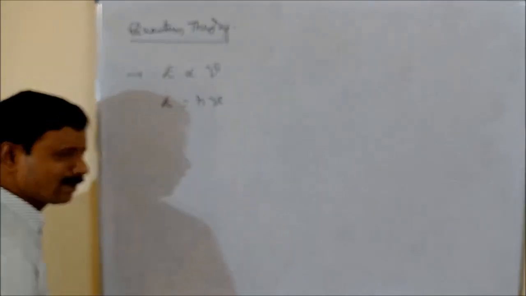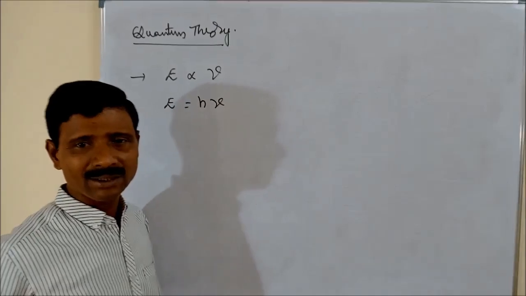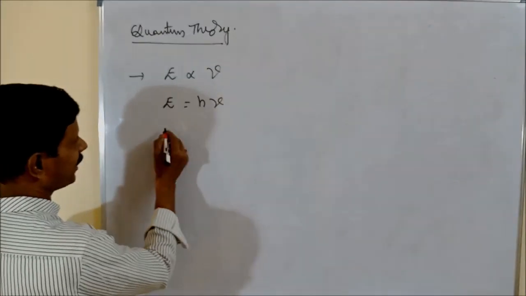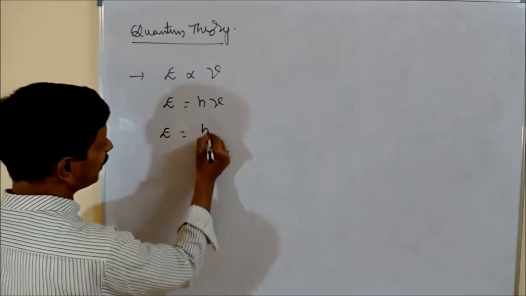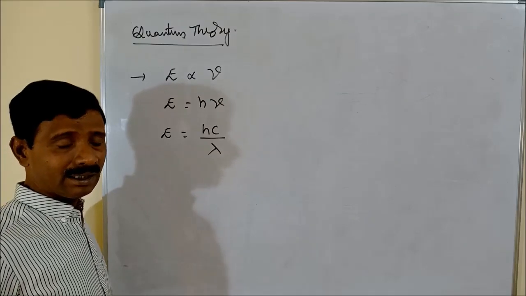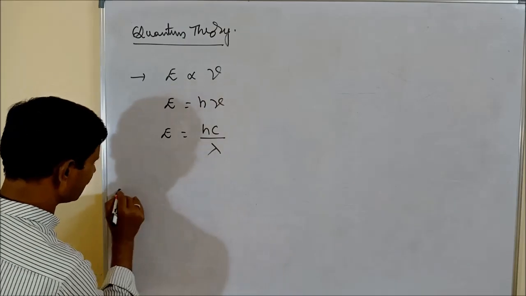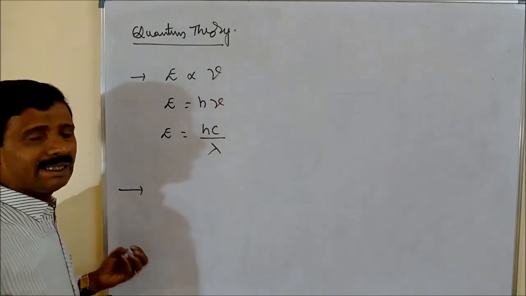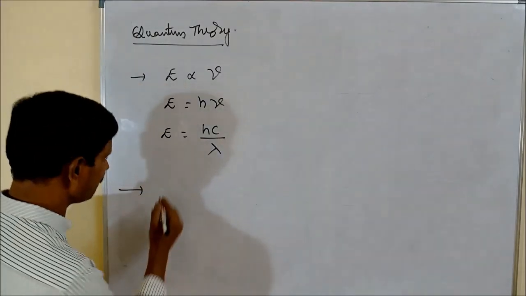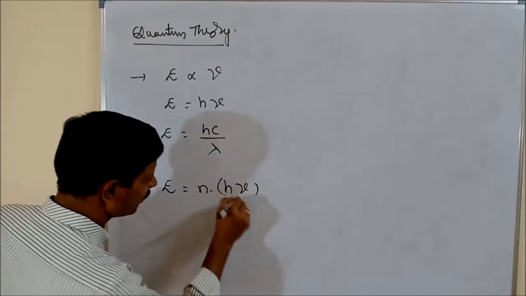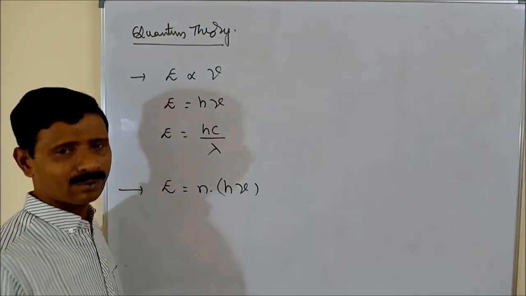As you know, h is Planck's constant, and nu is c by lambda. So we can express E equals hc by lambda. But in quantum theory, another important postulate is that the energy is an integral multiple of each quantum, that is, E equals n h nu, where n is the number of quanta.